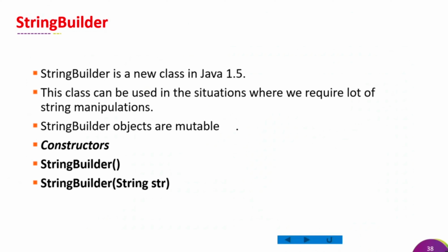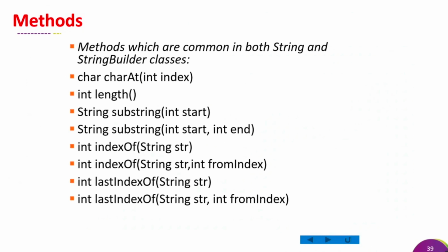String builder objects are mutable. It is not immutable, it is mutable. It has constructors, like the default constructor and a string builder with one argument. It has a lot of common methods inside both the string and string builder classes, like charAt, length, substring, indexOf, lastIndexOf.